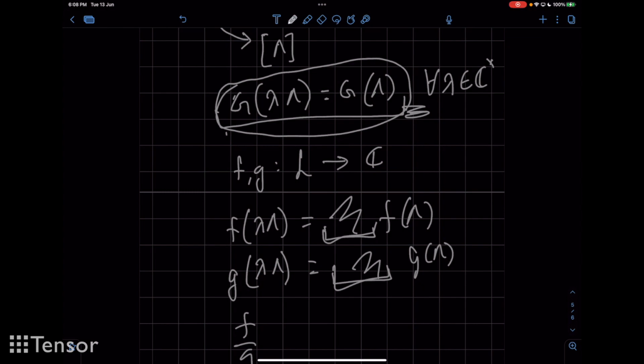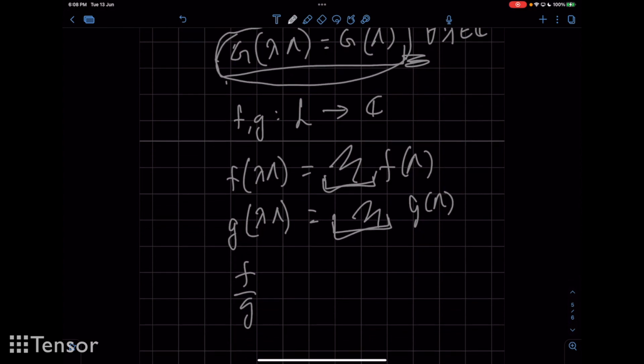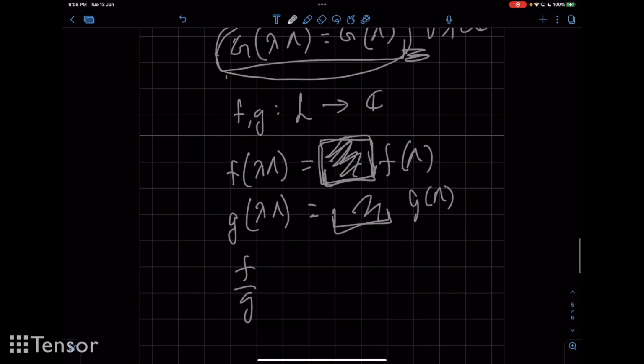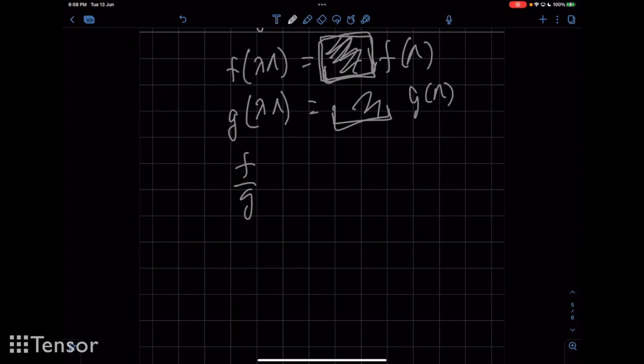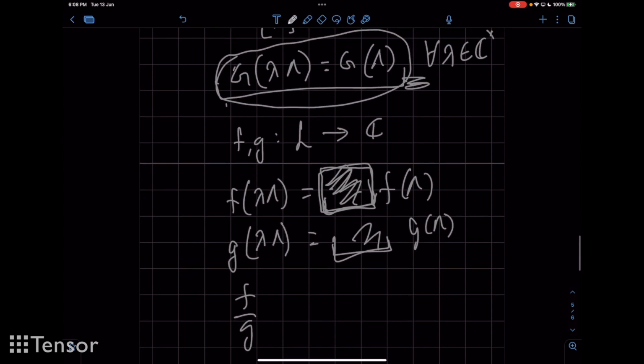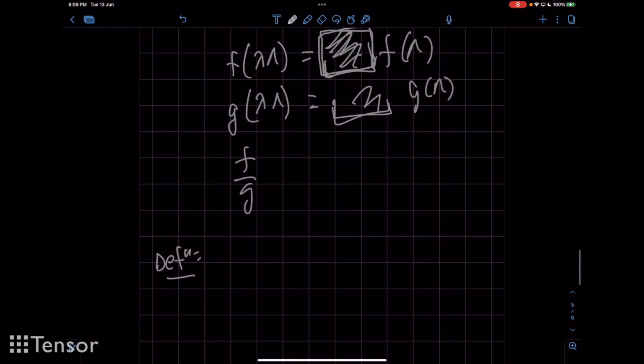So what can we require in place of this little fudge factor? One very natural idea is to consider homogeneous functions. I'm now going to define what a homogeneous function is. Notice all these functions we are considering are from the set of all lattices to the set of complex numbers.